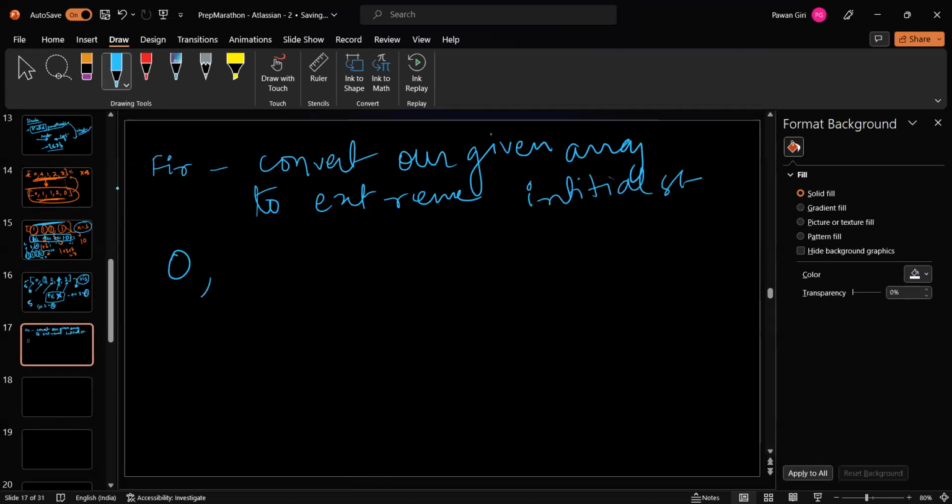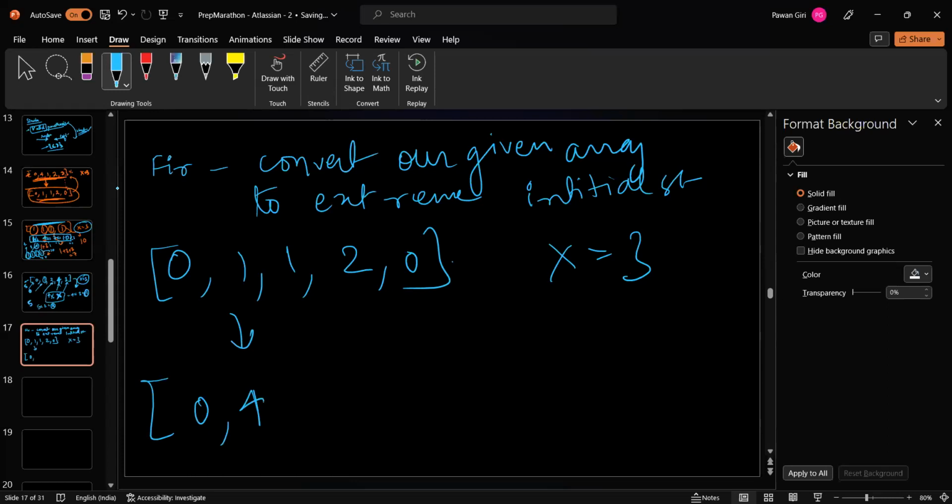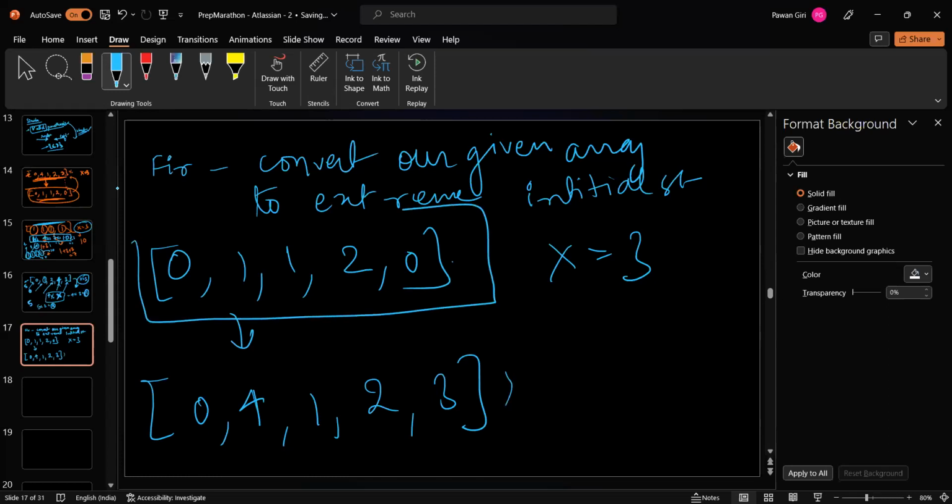From this array, for this value of x, I can get 0, 4, 1, 2, and 3. You got it? So this is the extreme initial stage. From this array, I can get this array. So let us convert all elements into these extreme values. Then we will try to get the values.